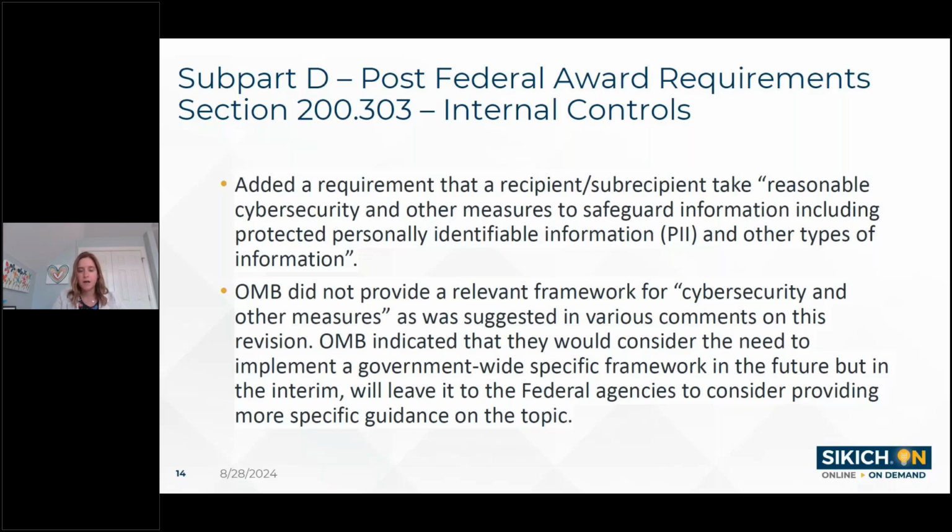So really catching up with the environment that we're in, ensuring that the information is protected. The OMB didn't provide any specific framework for organizations on how they would like to see this documented from a policy perspective, hoping that we'll get some more specific guidance on this topic in the future, but do know that it is one of the more significant changes and additions that you will see going forward.